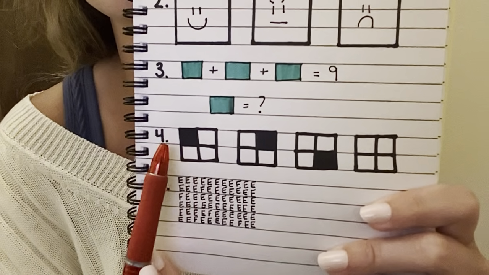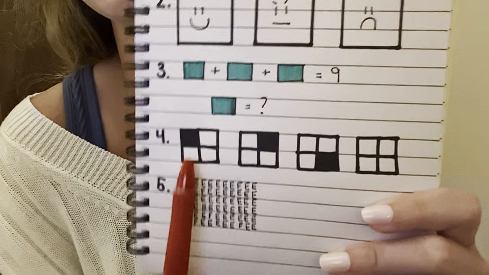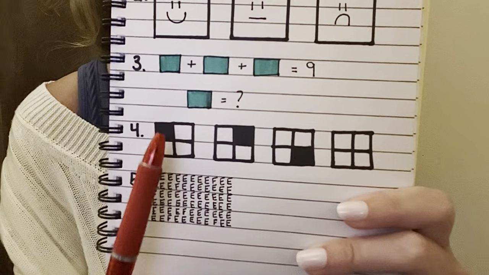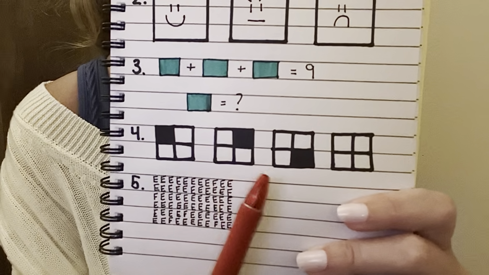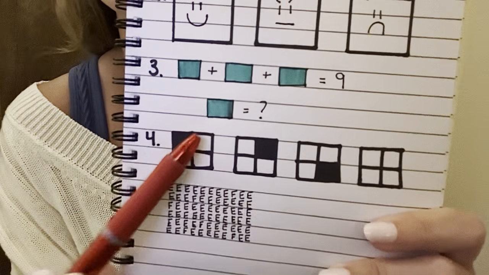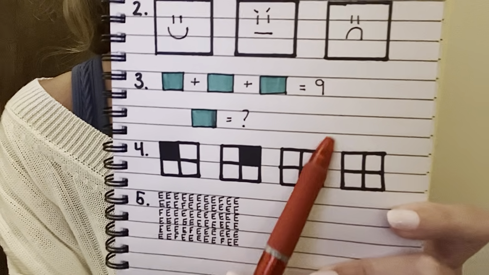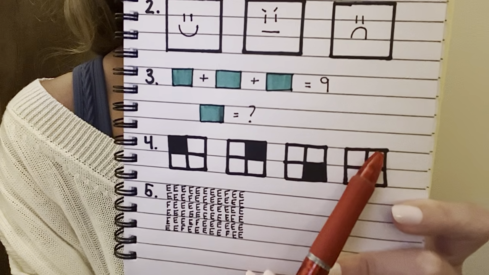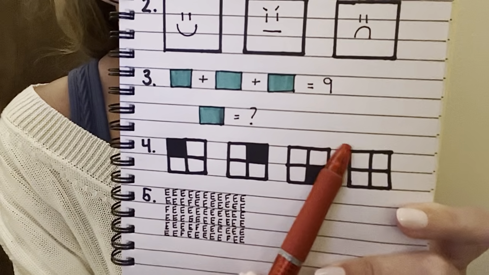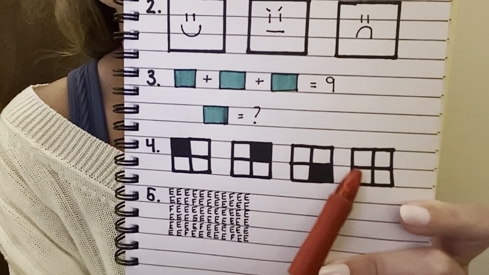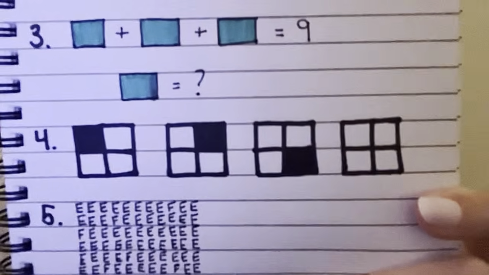Now for the fourth question, we have a sequence of events going on here. There's one shaded square in each box. And I just want you to tell me which square in this box would be shaded.